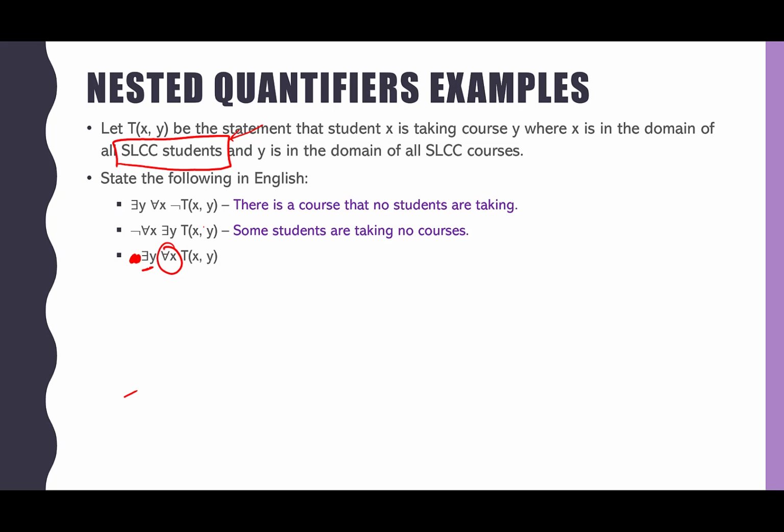Did we see that? Now I'm saying it is not the case that there is some such course that all students are taking. If you baby step your way through it, starting on the smallest piece and adding on these quantifiers, it becomes a little bit more clear. So if I'm saying it is not the case that there exists some course such that all students are taking it, what am I saying?